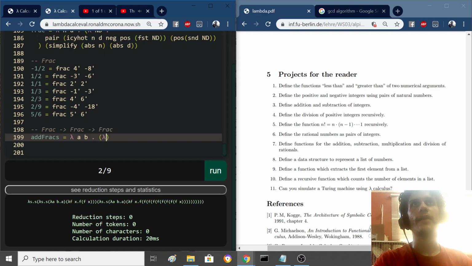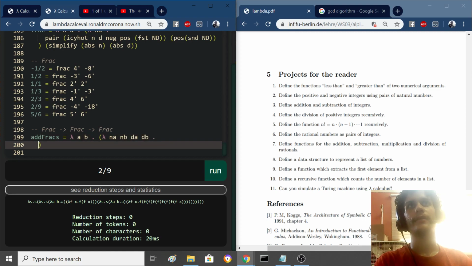So right off the bat, it's going to be an immediately executed function that's going to take numerator A, numerator B, denominator A, denominator B. Alright. And we'll go ahead and put those right on the outside. So numerator A, that'll be the first A and the first B, right? Because a fraction is really a pair. So numerator is the first, denominator is the second. Second A, second B. Okay.